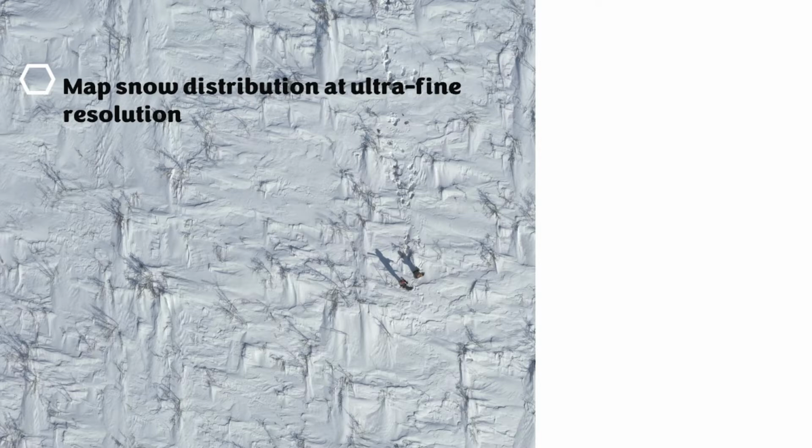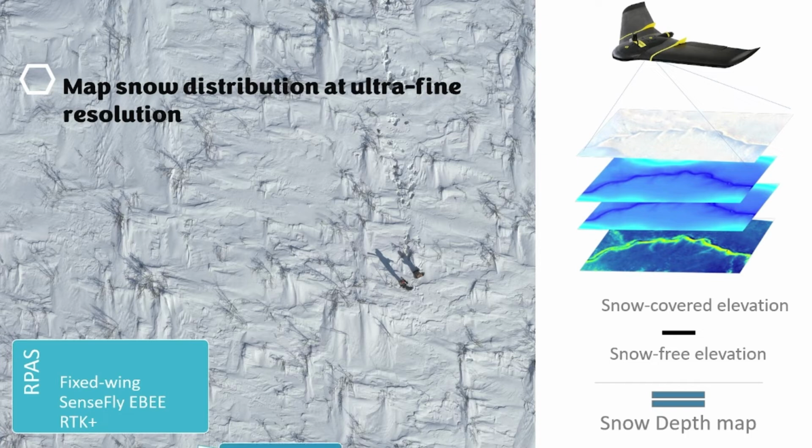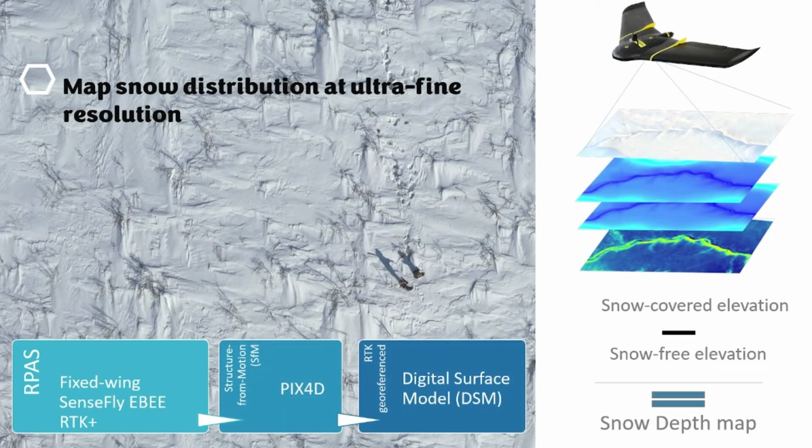So to start, we needed to produce snow depth maps at resolutions comparable to our models. And this is something that we've been doing for many years now. We used a fixed wing eBee to map late winter snow depth across the key areas of the Trail Valley Creek research watershed.